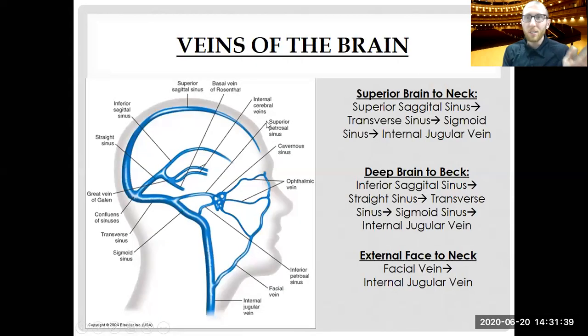Here's a side view, a lateral view, where we can see the same exact thing: superior sagittal sinus coming down, and the inferior sagittal sinus, like a giant drain for the body. Then transverse over to sigmoid, which doesn't look as S-curved, but this is still the sigmoid, into the internal jugular vein.